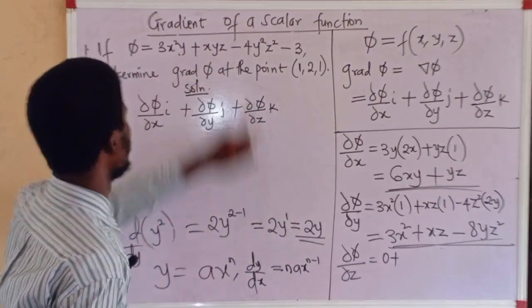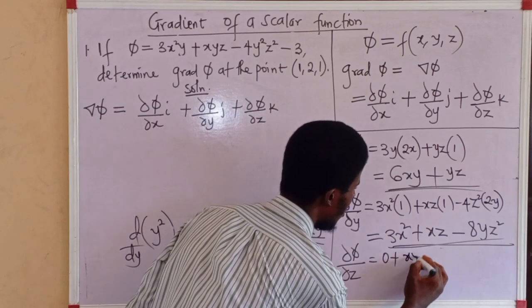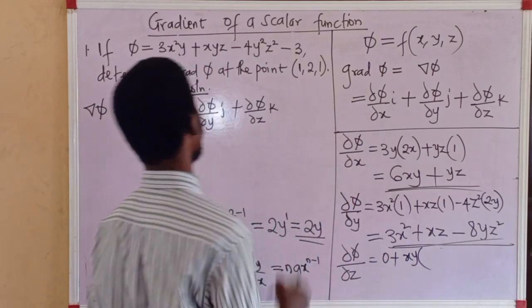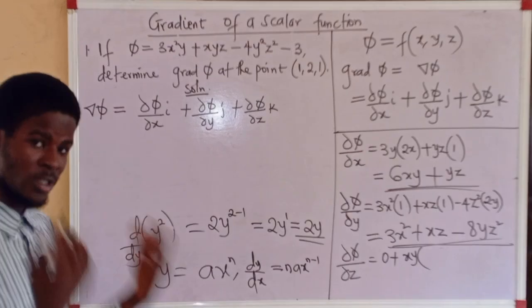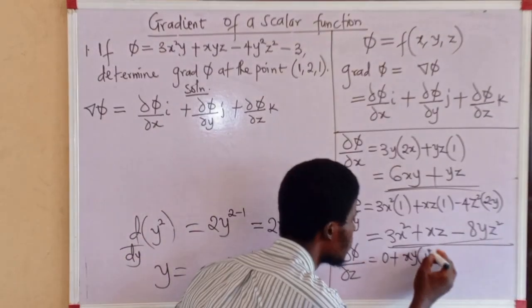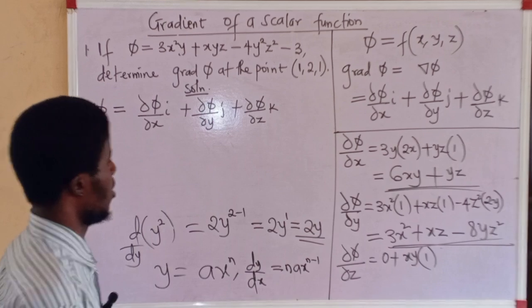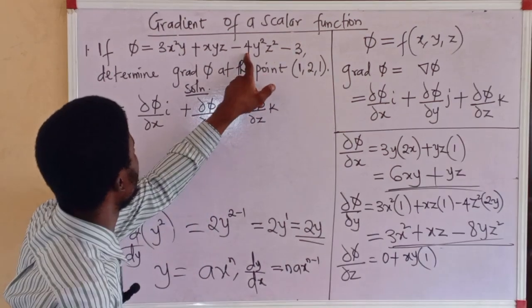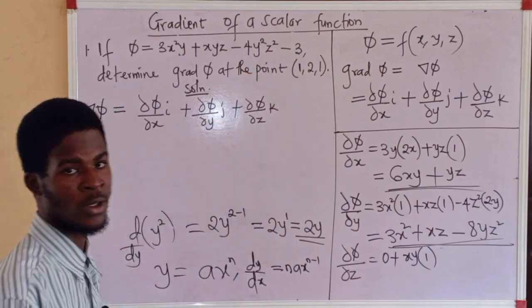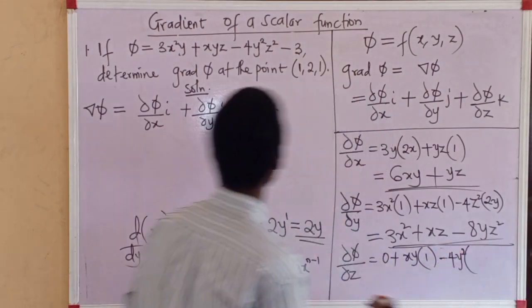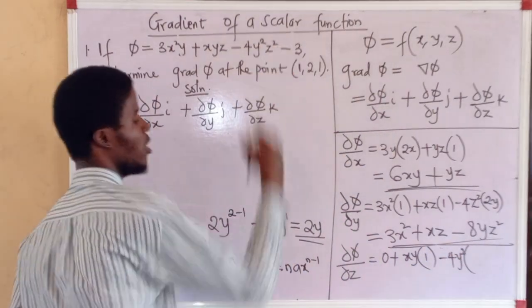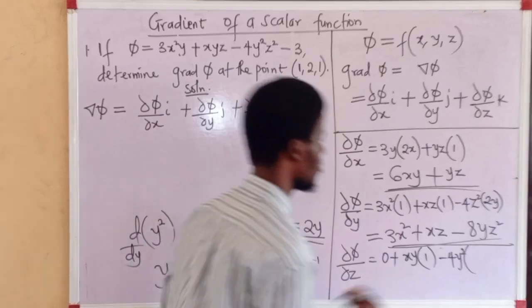Here we have xyz. So we keep x, y as constant. Differentiating z with respect to z is going to produce 1. Here we'll keep minus 4y squared as a constant. Then differentiate z squared to get 2z.